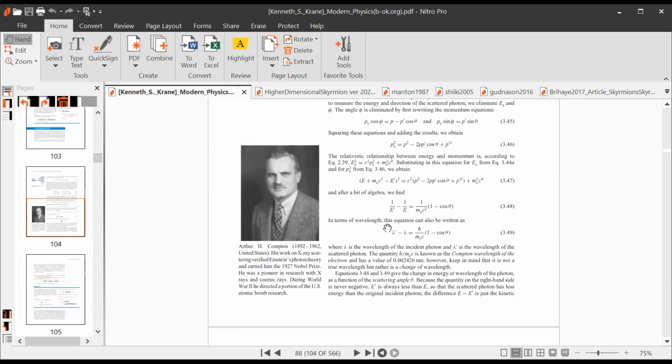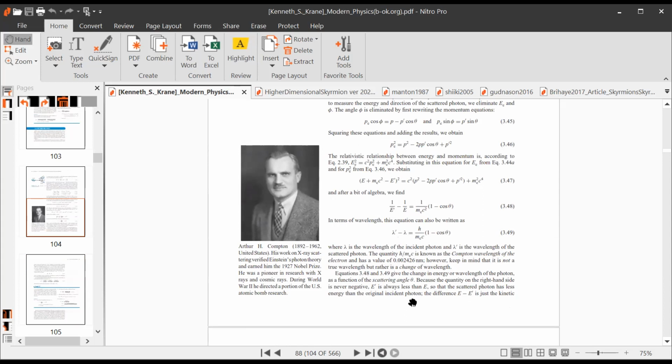3.49. This is what we call the Compton shift wavelength equation, formula 3.49.